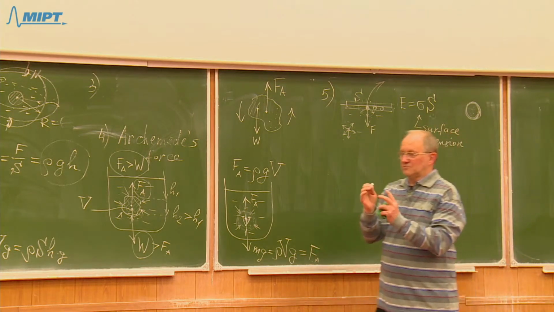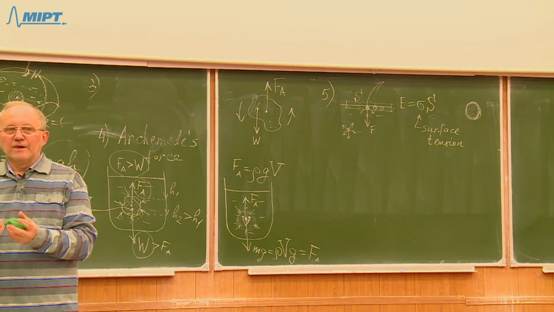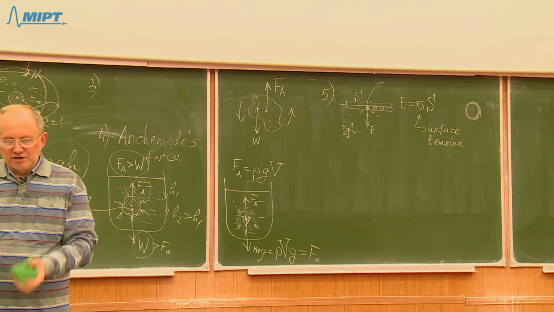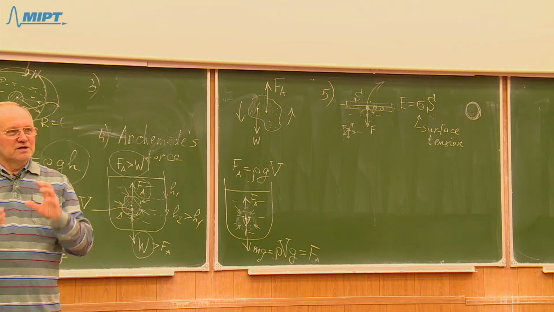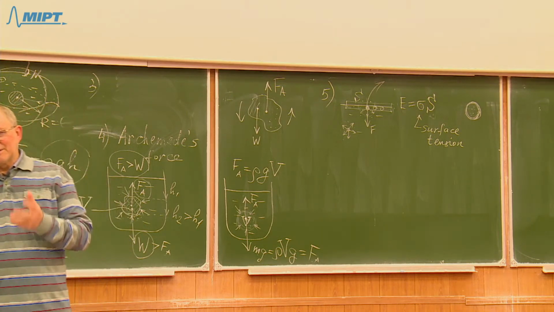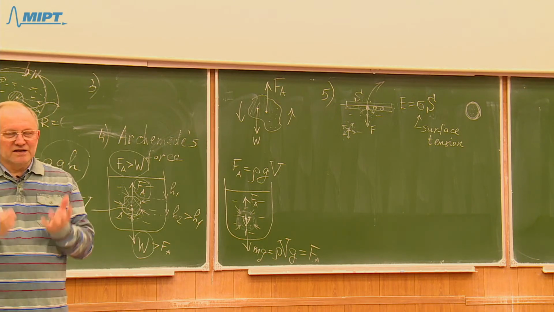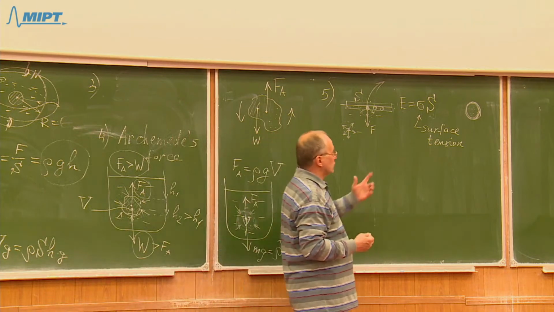So if you try to make a liquid ball on the International Space Station, then this piece of liquid will, after some vibrations, after some uncertainty in its shape, finally take the spherical shape because of the forces of surface tension.